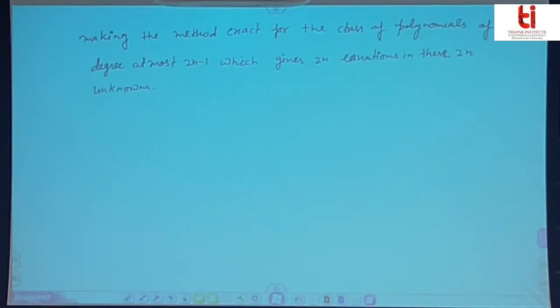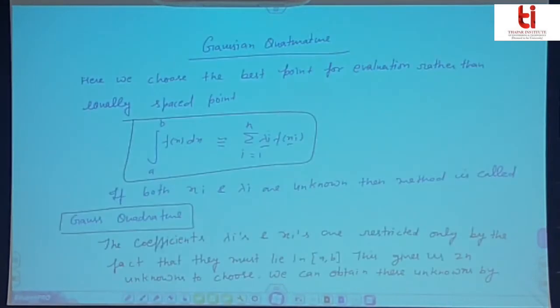That means these coefficients lambda_i and x_i are restricted only by the fact that they must lie in the interval [a, b]. This gives us 2n unknowns to choose, because lambda is lambda_1, lambda_2 up to lambda_n, and x_i where i we can take as 1, 2, 3 up to n. So there are 2n unknowns. How can we obtain these unknowns?